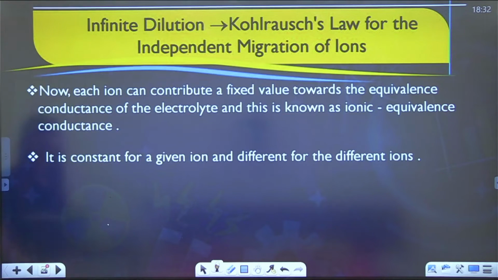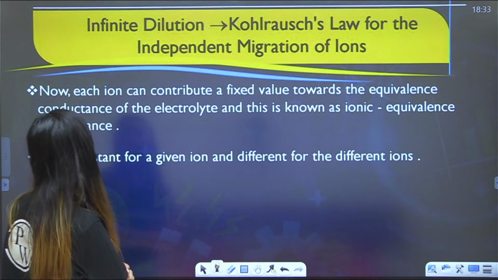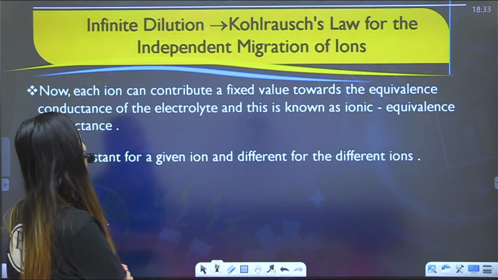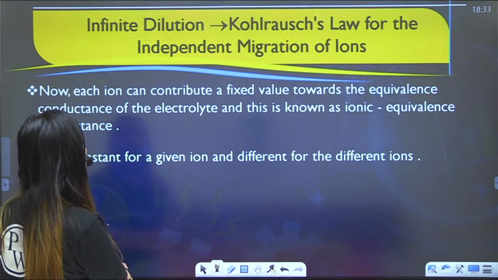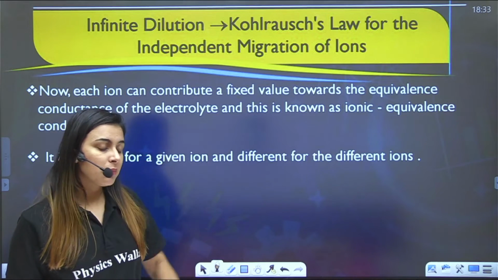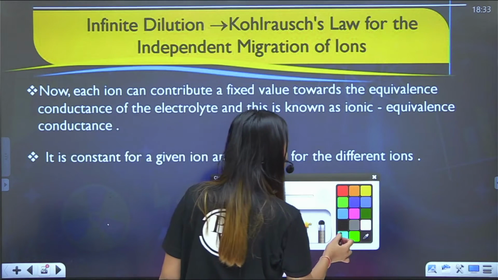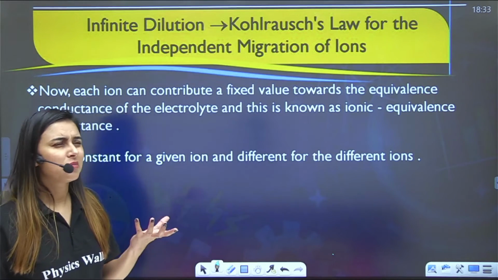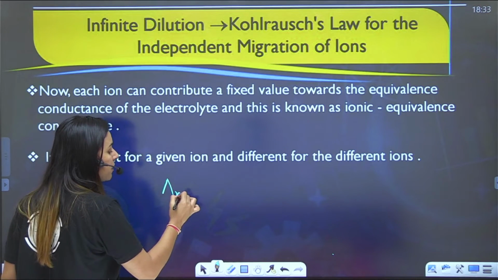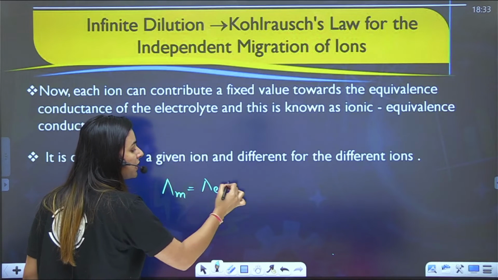Next point. Each ion contributes a fixed value towards the equivalent conductance of the electrolyte, and this is known as ionic equivalent conductance. It is constant for a given ion and different for different ions. One important thing you need to know: in the last class or the one before, we studied that lambda m is equal to lambda equivalent into n factor.